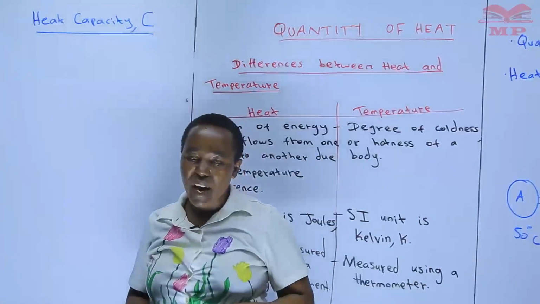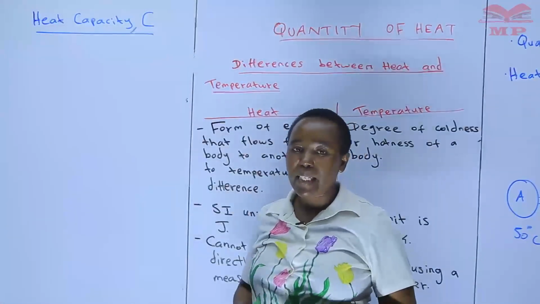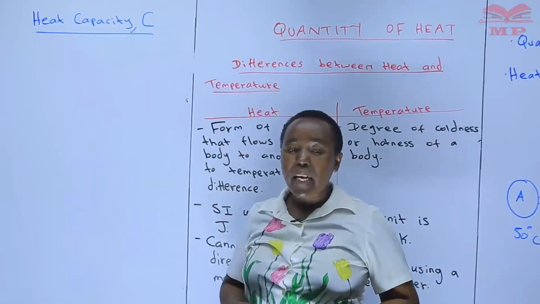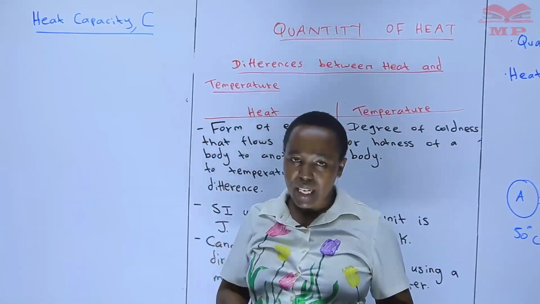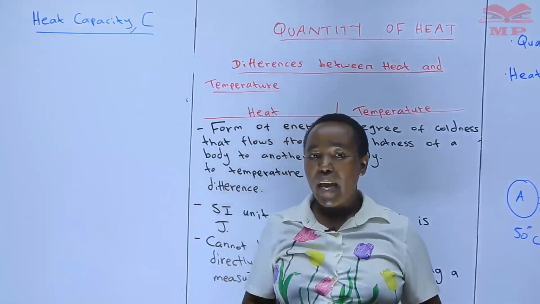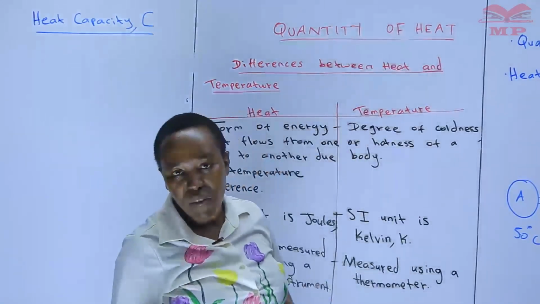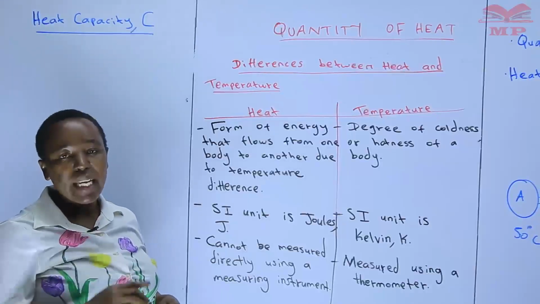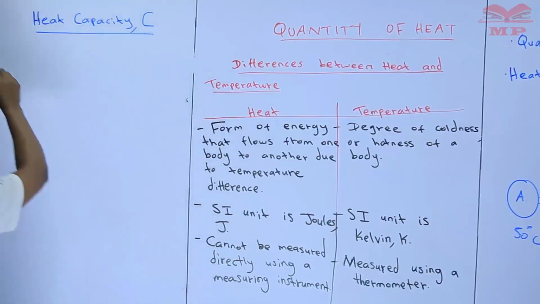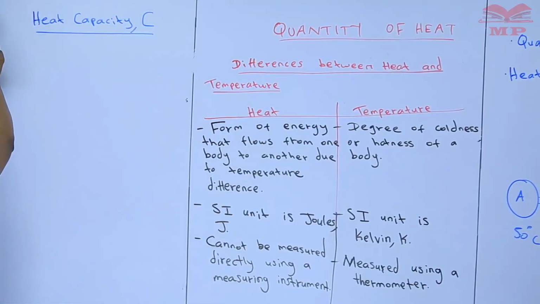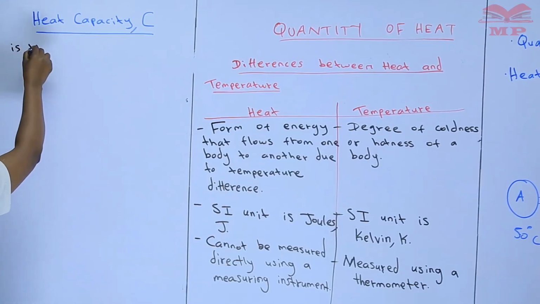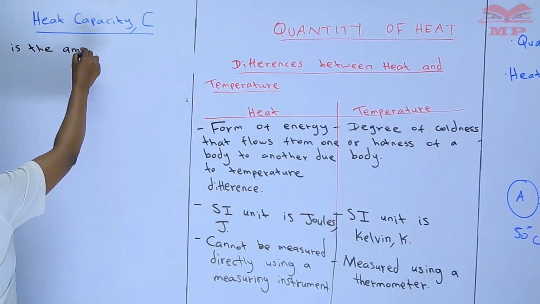And we want to define what heat capacity is. Now when we talk of heat capacity, it refers to the amount of heat that is required by a given mass of a substance to raise its temperature by 1 Kelvin. So it refers to the quantity, or simply the amount.